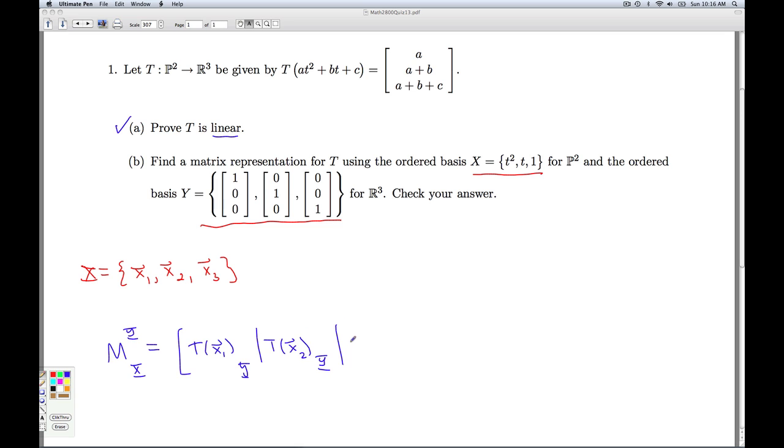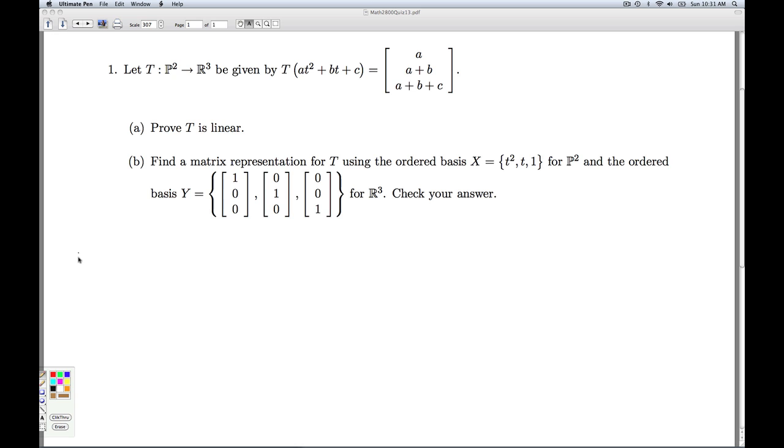And I'm going to put those in as columns. So each column here is going to be the matrix representation of the image of each of these basis vectors. So it's important that we keep the order intact.